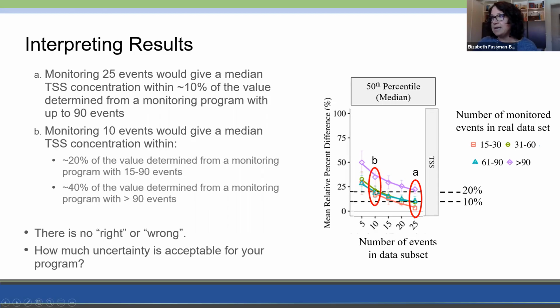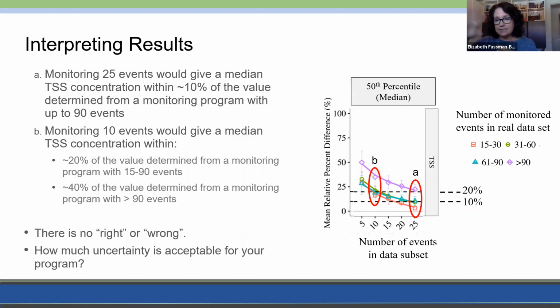If we instead monitored only 10 events, a monitoring program that sampled only 10 events would get us within about 20% of the median value of a monitoring program that had sampled anywhere from 15 to 90 events, and would get us within about 40% of the median value determined from a program with over 90 events.